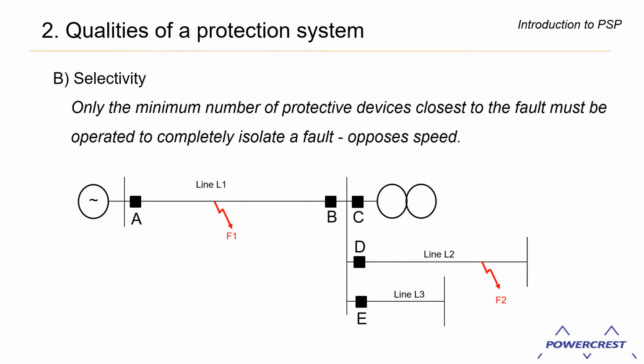But we can appreciate that in order to allow D to operate first, A would need to be time delayed, slowed down so that it can allow D to operate first, and in the event D fails, then A can operate in backup mode. But this means A is slowed down, so we see that selectivity over here opposes speed.